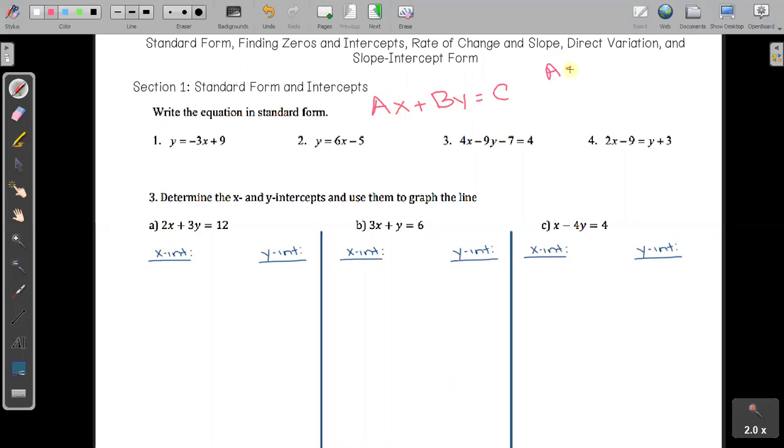A cannot be negative. A cannot be 0. And then A, B, and C cannot have common factors. Do we have any questions so far?